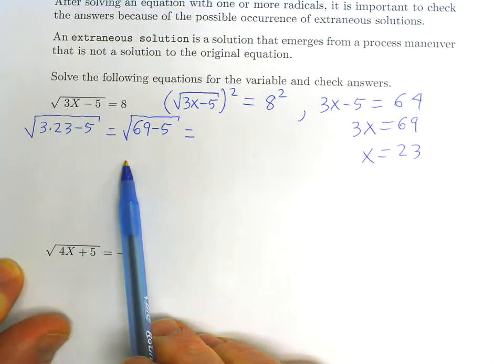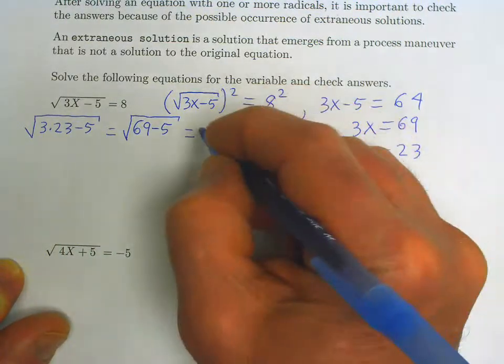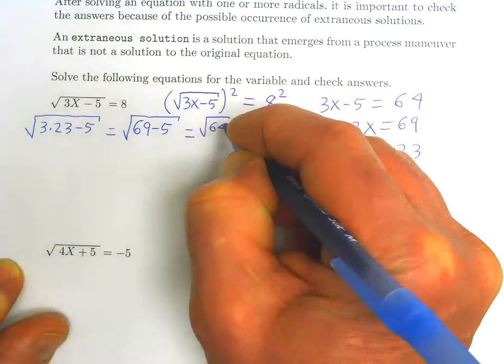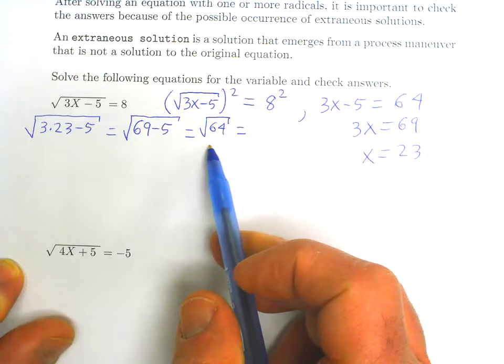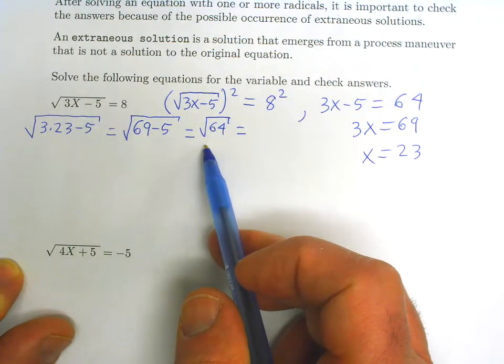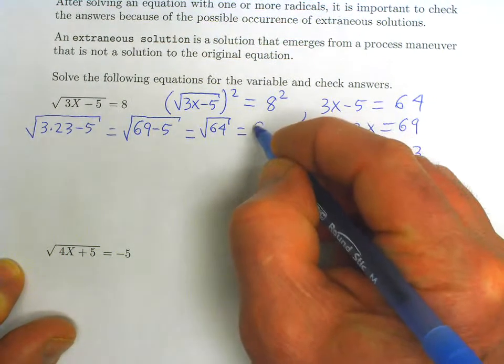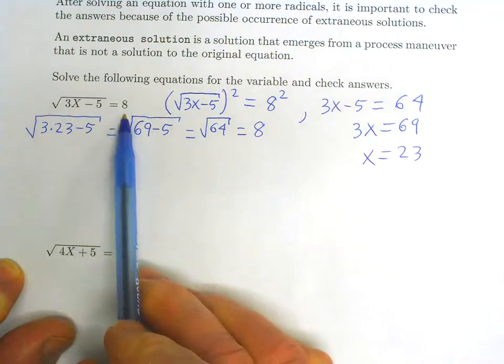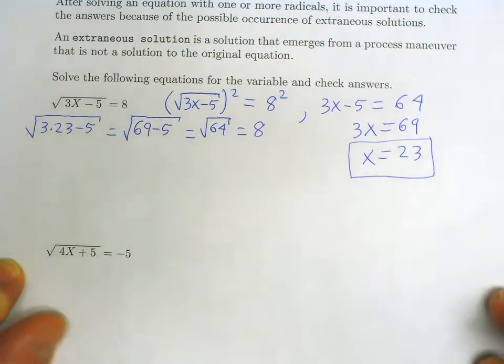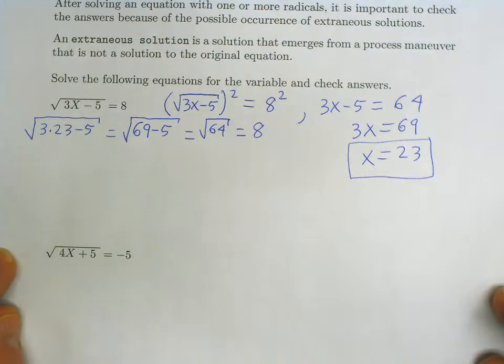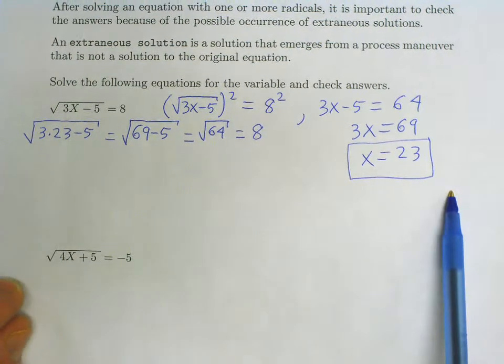And that's the principal square root of 64. And the positive square root of 64, also called the principal square root of 64, is 8. And that equals what it's supposed to, so that means x equals 23 is the solution to that equation.